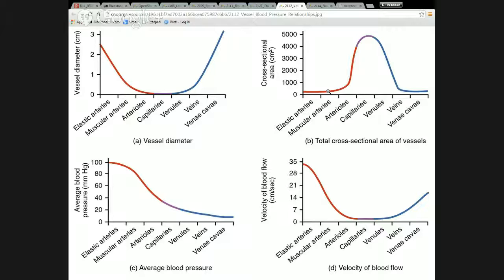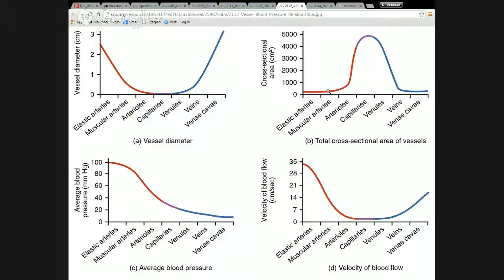From the aorta, there are going to be smaller and smaller vessels branching off, which might be, let's say, and I don't think I'm drawing this exactly to scale, 0.25 centimeters, which means that their area is going to be pi times, not 1.25, 0.125 squared.